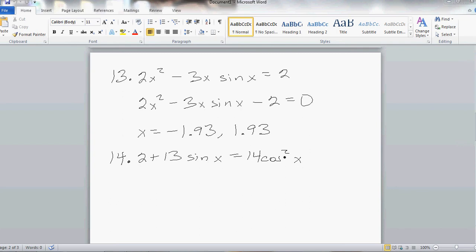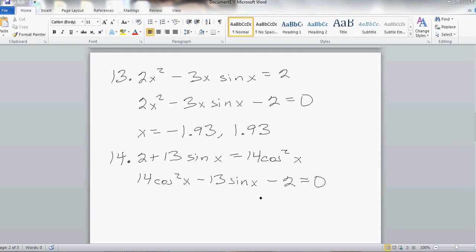We need to get everything to one side and set equal to 0. And so what I will do is subtract 13 sine x and subtract 2. So I get 14 cosine squared x minus 13 sine x minus 2 equals 0. After I make sure that I am in degree mode, I will punch this into my calculator and say y equals 14 cosine squared x minus 13 sine x minus 2.